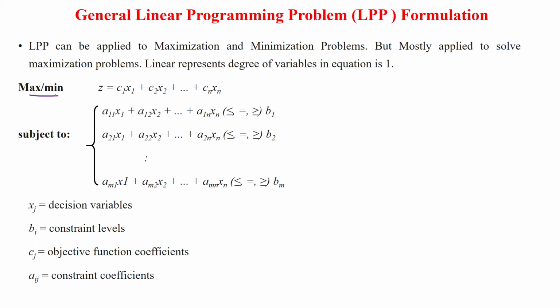Here the objective function is generally defined as maximization or minimization of z = c1x1 + c2x2 + ... + cnxn. For example, take the manufacturing industry. Suppose you are going to manufacture paper, paper notebooks.